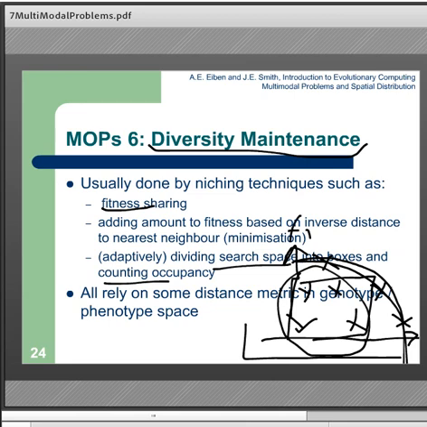The last point is related to this value. This is two fitness, fitness one and fitness two.